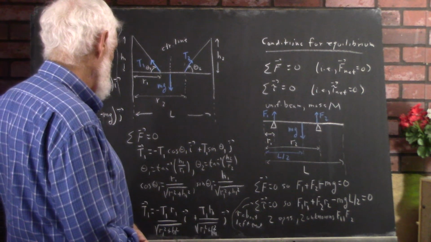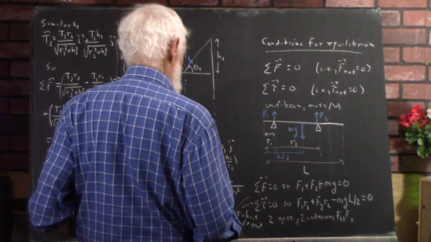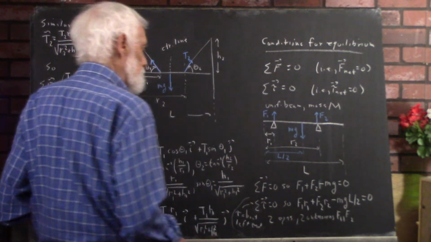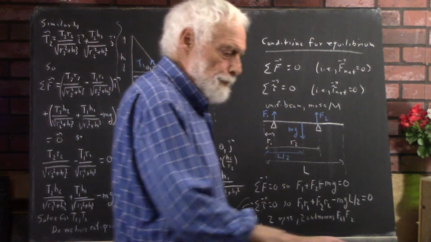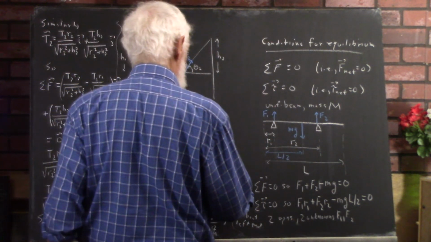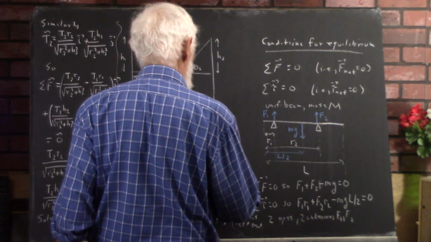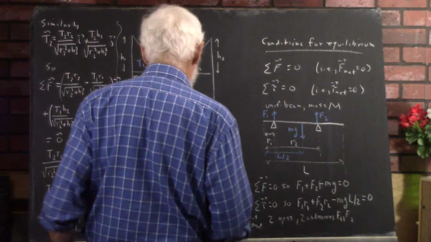And that's going to complicate the expressions. All my R2s have to be replaced by L minus R2. And that's going to get pretty messy. So I'm going to write it in on top of R2, L minus R2.